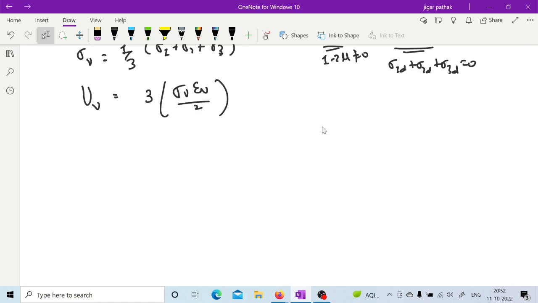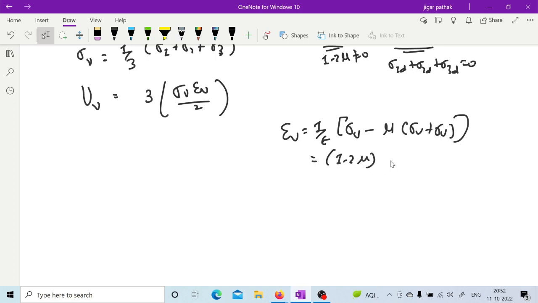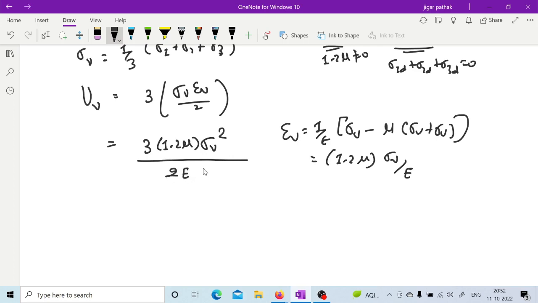And ev can again be written as 1 upon E, sigma v minus mu sigma v plus sigma v, which gives 1 minus 2 mu sigma v upon E. If you put the value of volumetric strain in uv, you will get 3 times 1 minus 2 mu sigma v square by 2E. This is how you have the value of uv.